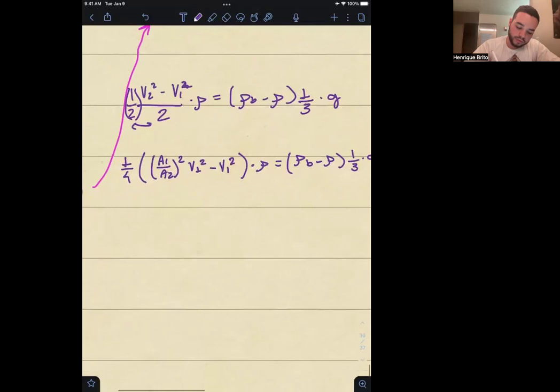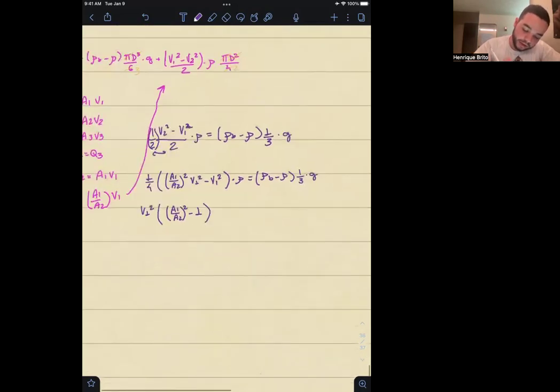So let's move things around a little bit. We have V1 squared, and let's factor this out. So we have -1, and then we have 4/3.